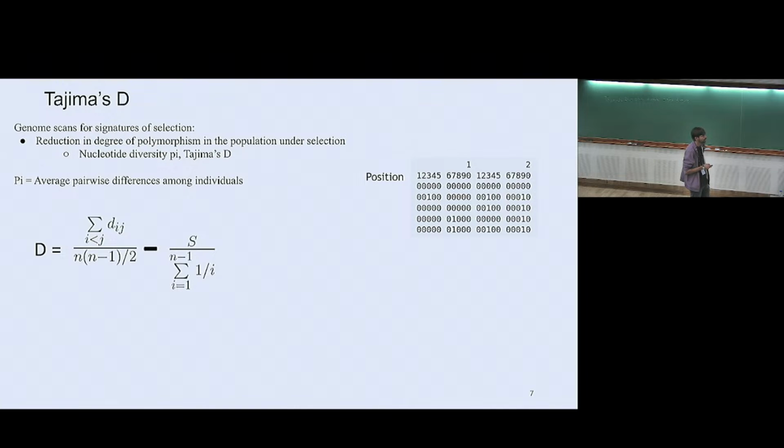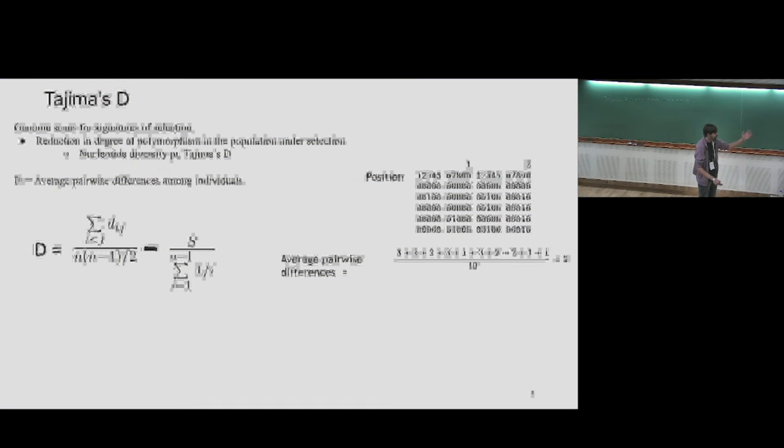Between 1 and 2, how many differences are there? Yes, 1 and 3. Can you add all of these and divide by the total number of pairs possible in these five individuals? I'll just move ahead then.